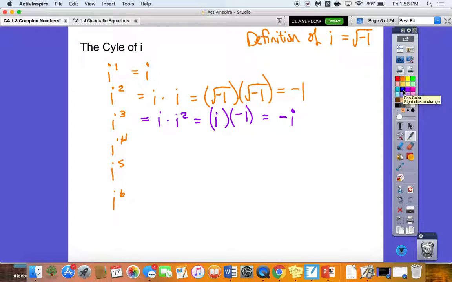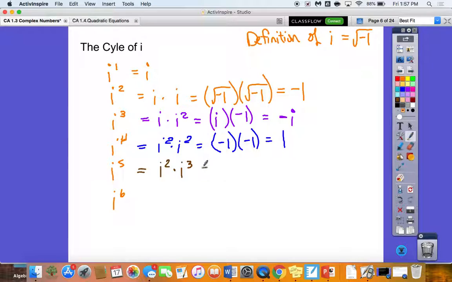All right, and then come down here for i to the fourth. Well, there's several ways you could break it down, but one of them is i squared times i squared. Well, i squared is -1, so when I multiply them together, +1. Well, if you keep on, again, there's various ways to break this down. This is just one of them.